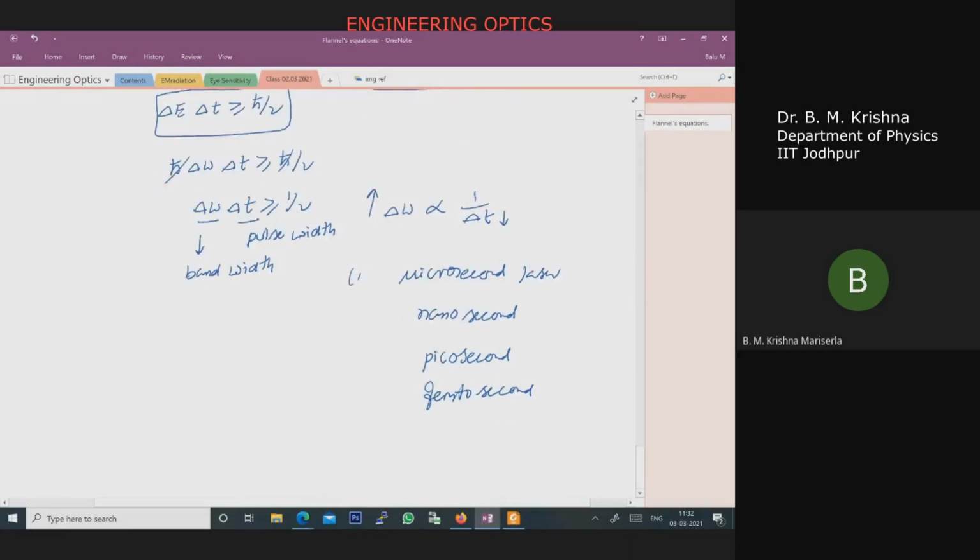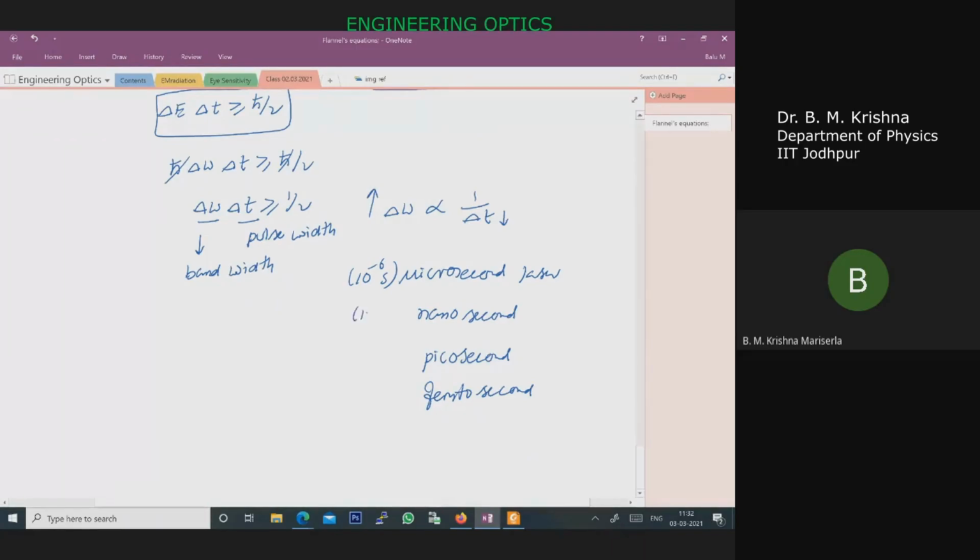Micro means 10 power minus 6 seconds. So that means the pulse will interact for a few microseconds with the medium. Each pulse can interact within that duration of time.